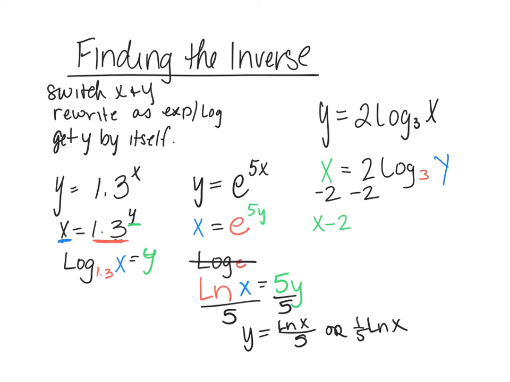So we end up with x minus 2 equals log base 3 of y. And then if we rewrite that, we get 3 to the exponent x minus 2 equals y. And y is by itself already, so that's our inverse. That's a more complicated one. So it's all about rewriting the exponent and then getting y by itself.